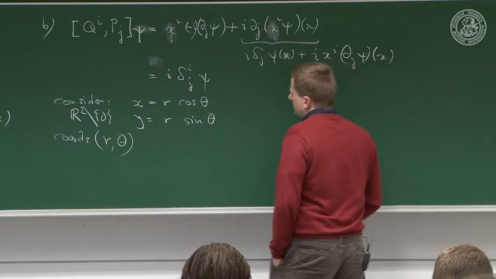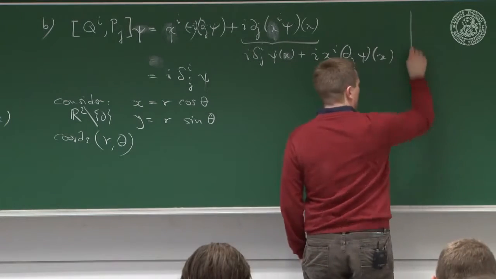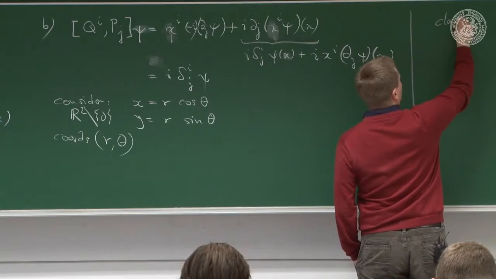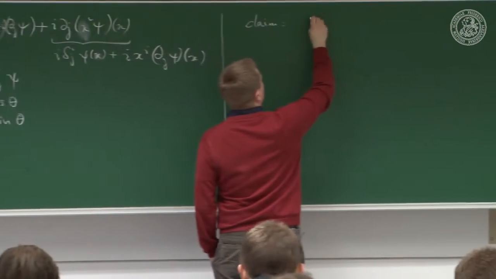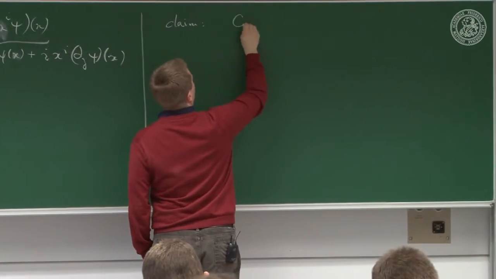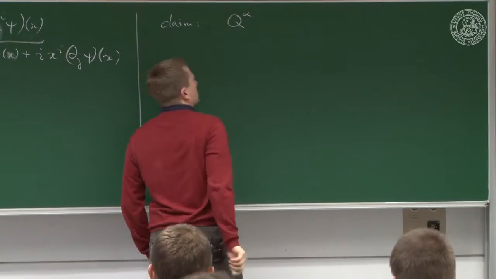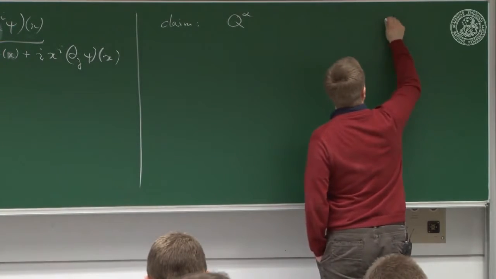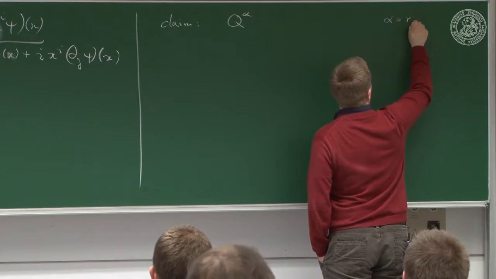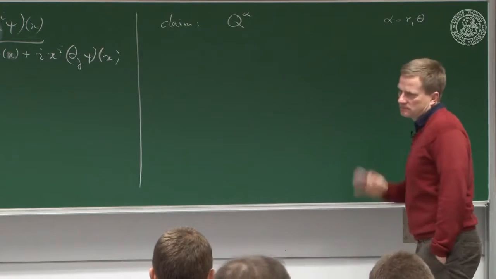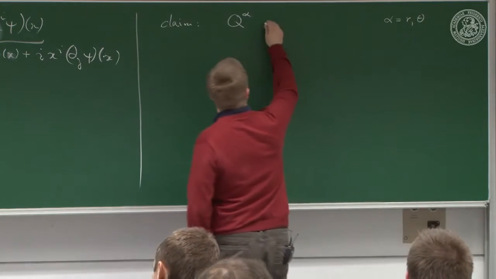Now, claim. I can now introduce Q alphas, position operators, but now alpha runs over r and theta. Instead of 1 and 2, it's convenient to write it like this.